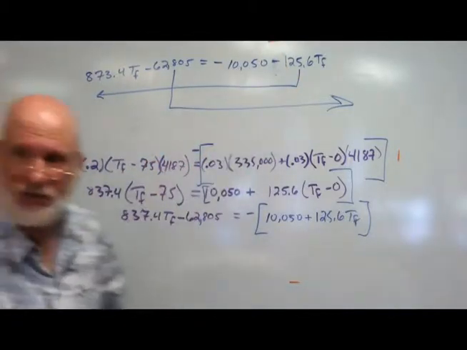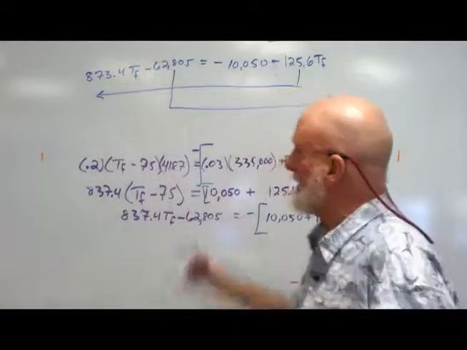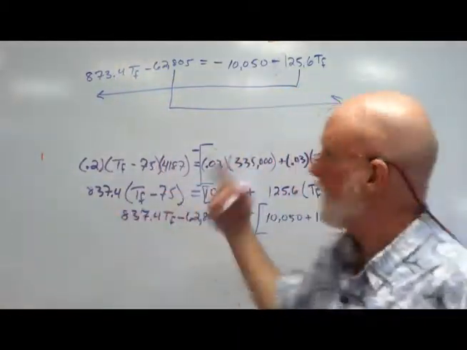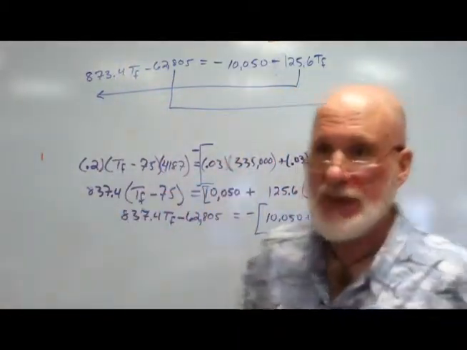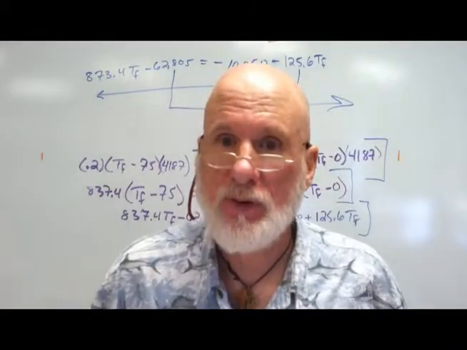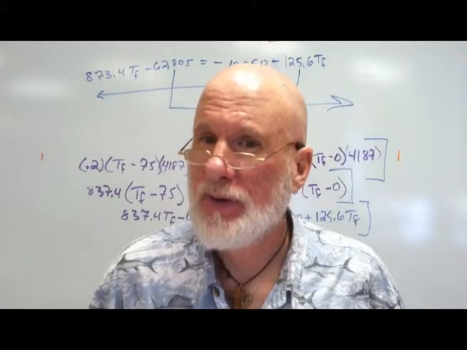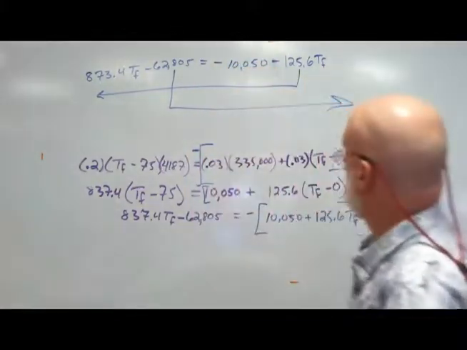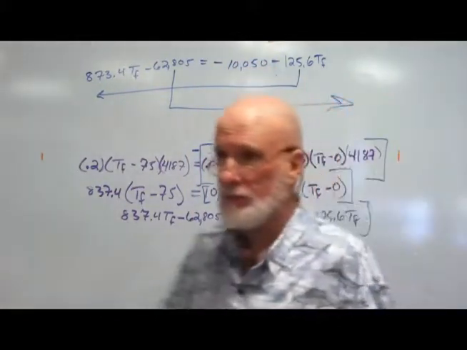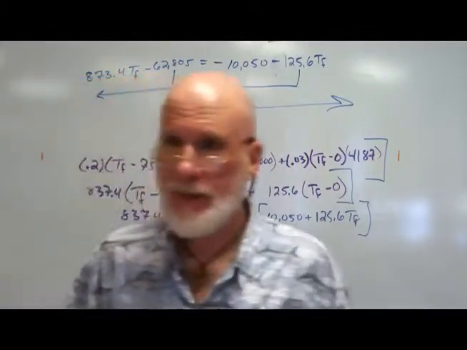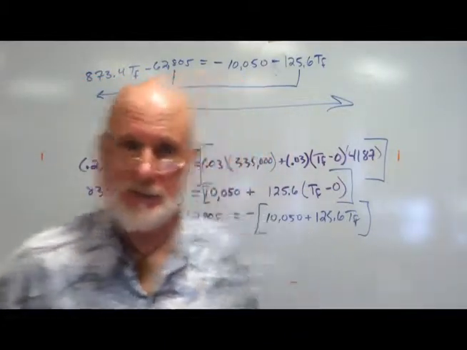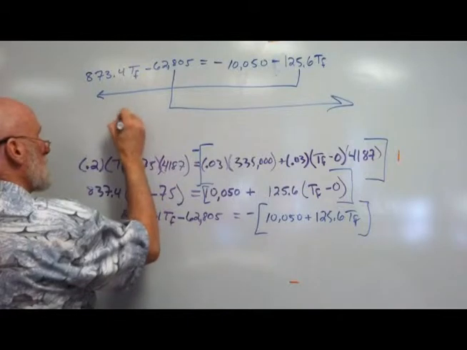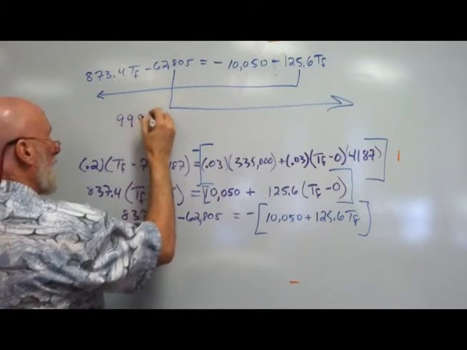So what is 837.4 plus 125.6? 999. I got 960. Yeah, 999. Okay. So this is 999 TF.